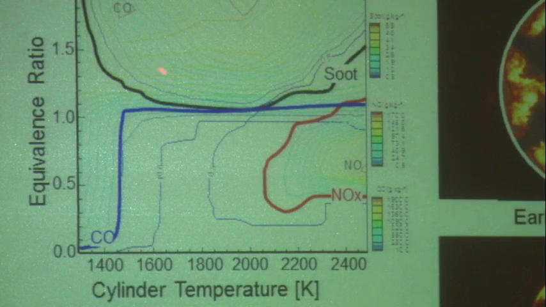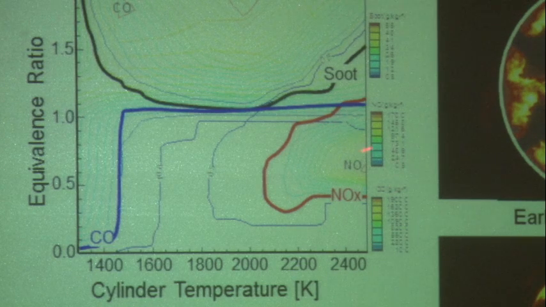This represents a boundary that you would like to stay below in order to avoid soot. So that means that locally in the combustion chamber, you want to keep equivalence ratios as low as possible. And in fact, below 2 is a guidance from experimental work.